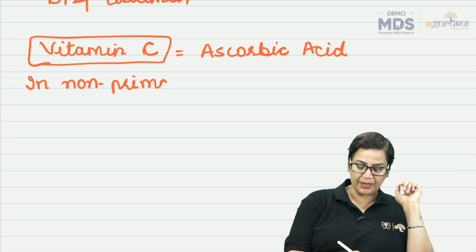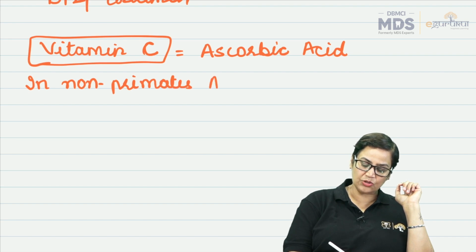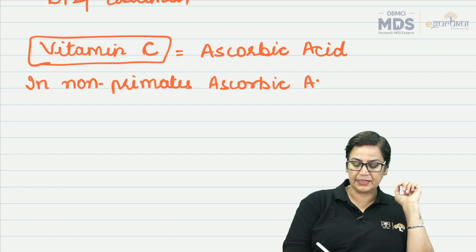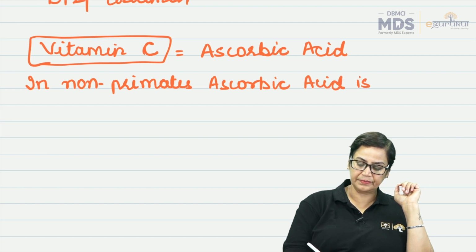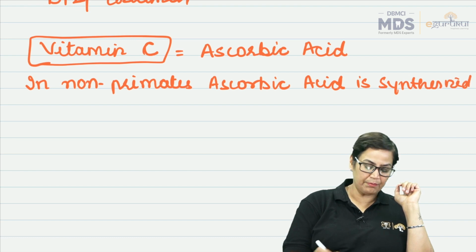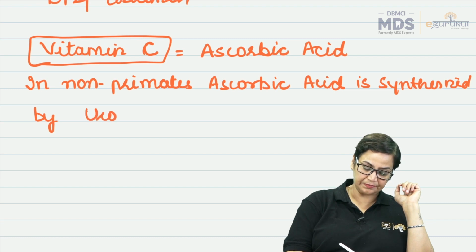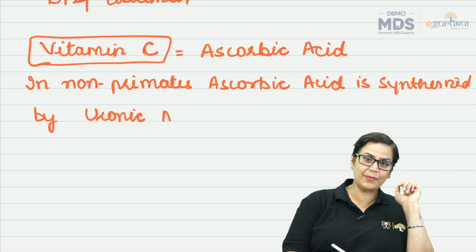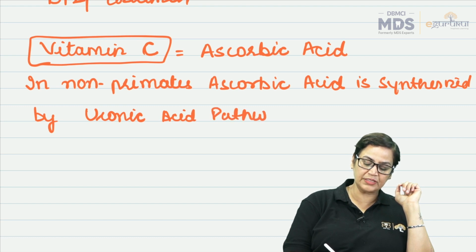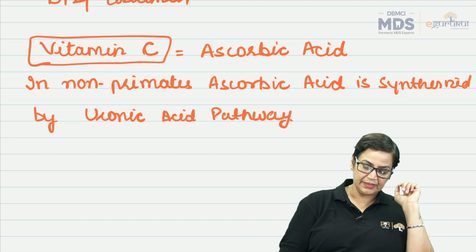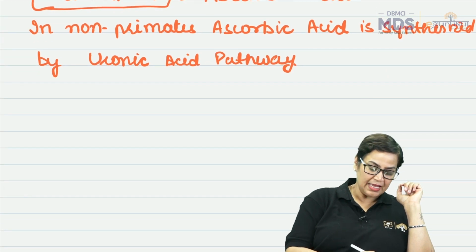In non-primates, ascorbic acid is synthesized by uronic acid pathway. Uronic acid pathway, I have told you that this is the alternative pathway of oxidation of glucose. Okay?